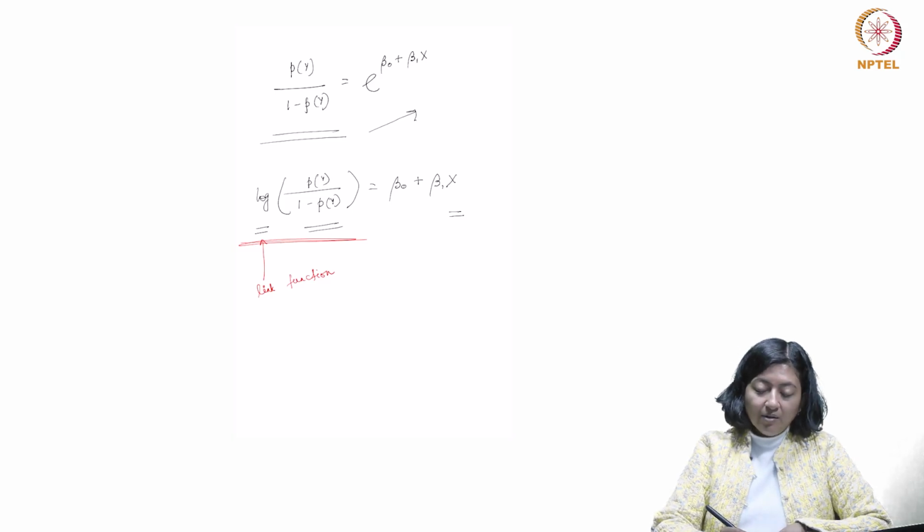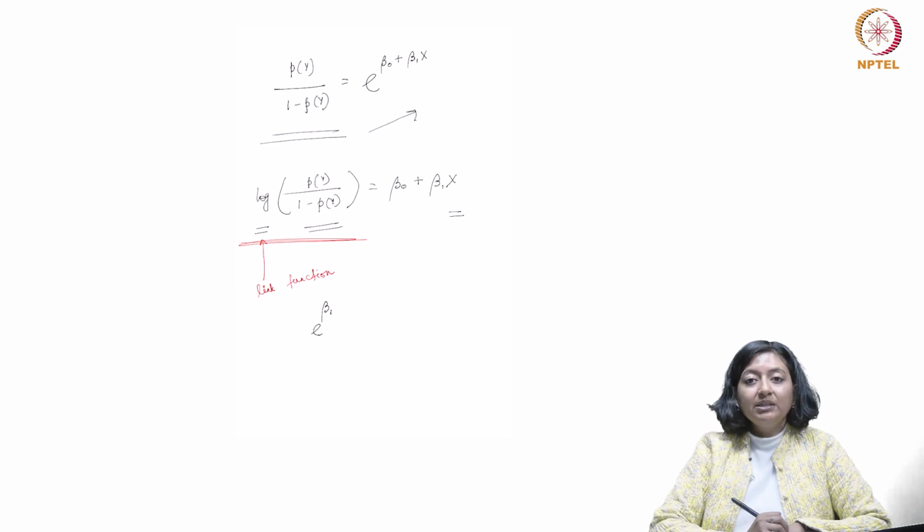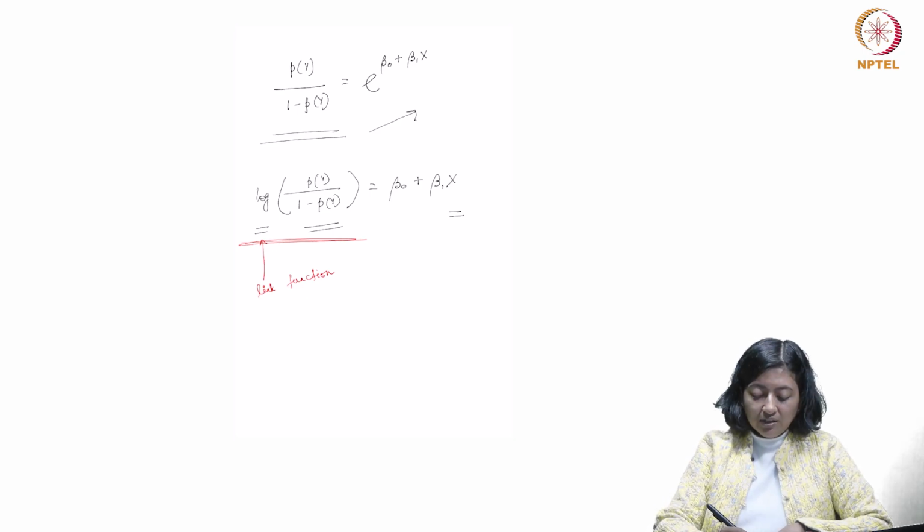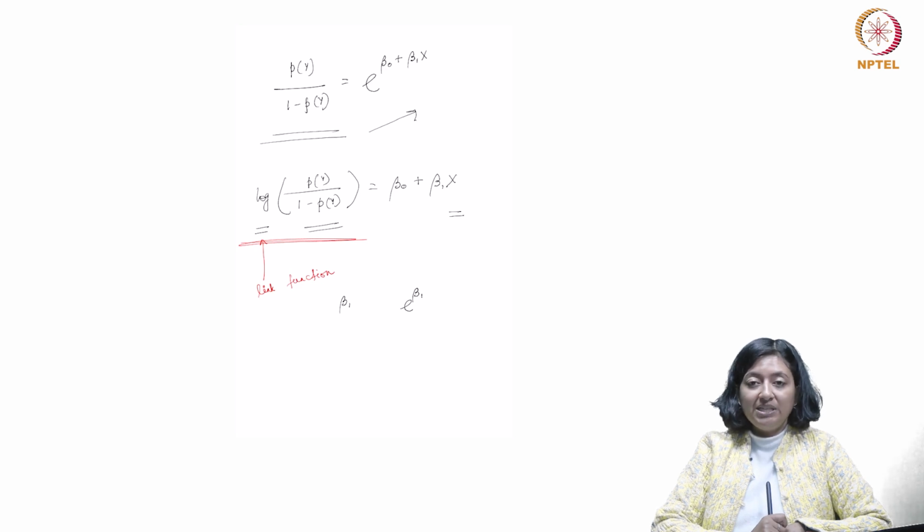So, here a positive beta 1 value actually increases the odds by e to the power beta 1. So, here a positive beta 1 value indicates that 1 unit change in x increases the log of odds by e to the power beta 1. We will explore this more with the help of an example.